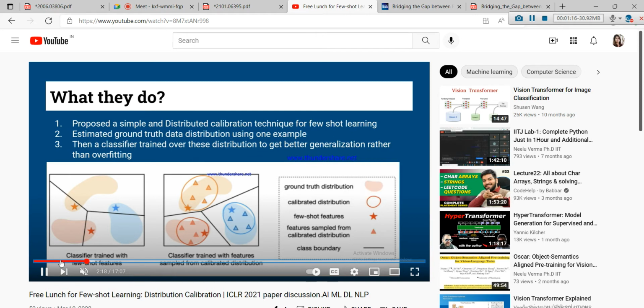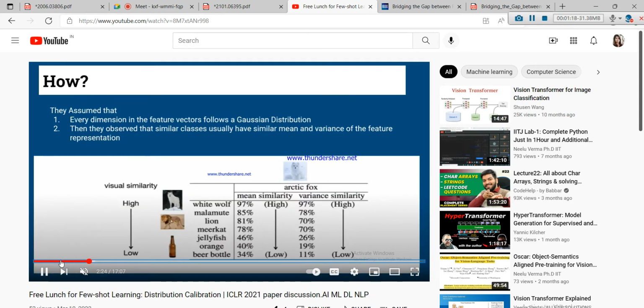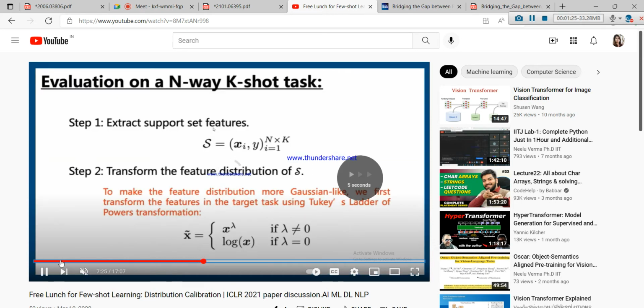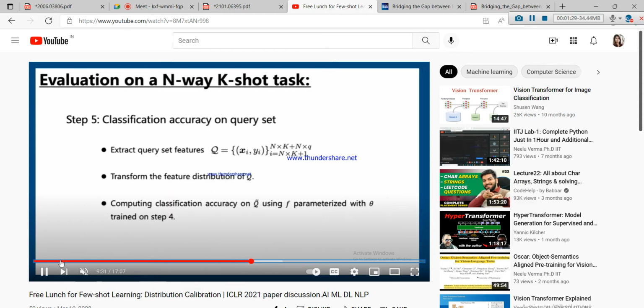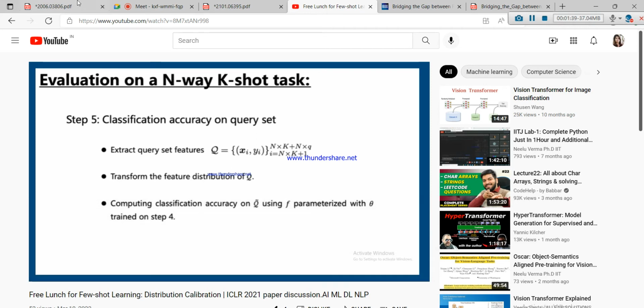So we have seen these concepts and how they did it. The paper works on the concept of mean and variance and Gaussian distribution, right?